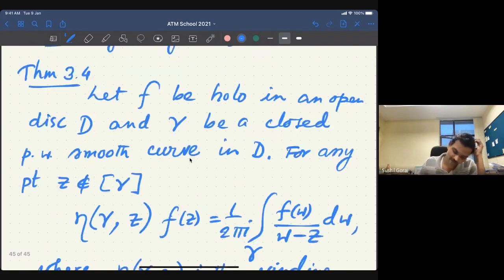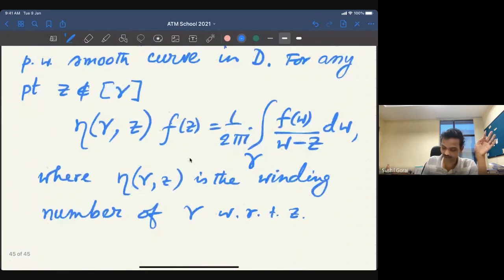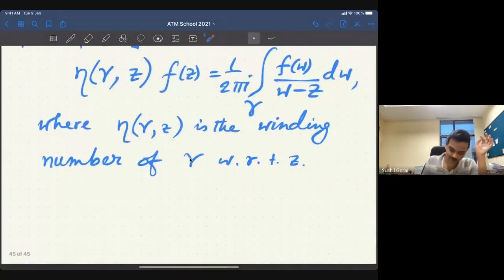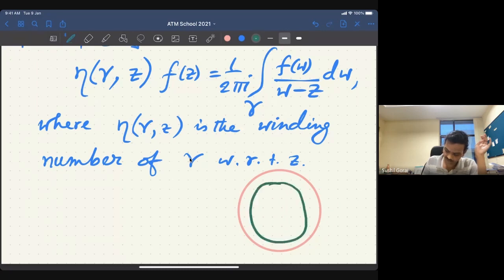All right. So if it is a simple closed curve, the winding number would be 1 for points inside, and f(z) is just 1 over 2 pi i integration f(w) by w minus z. So for example, if you look at a disk here, and look at a curve inside here, a small disk.